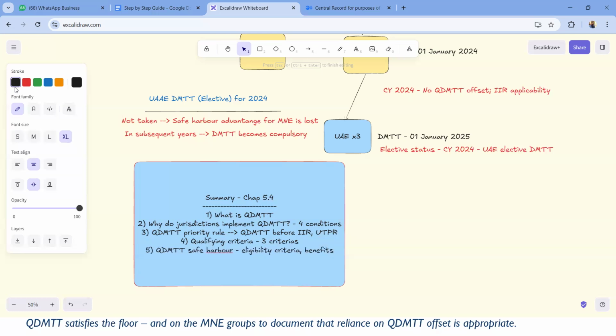What are the benefits of the QDMTT safe harbor? One is reduced compliance, right? You don't need to do it two times, you just need to do it one time. Then administrative simplicity. And third is certainty. You are only dealing with one tax authority instead of three or four tax authorities. So these are the benefits of the QDMTT safe harbor.